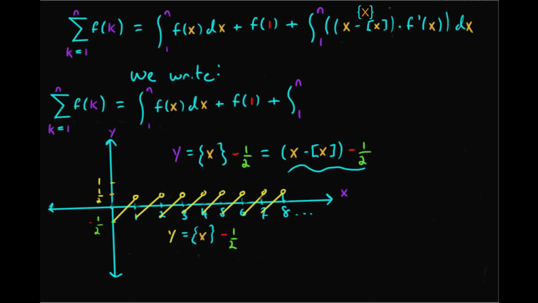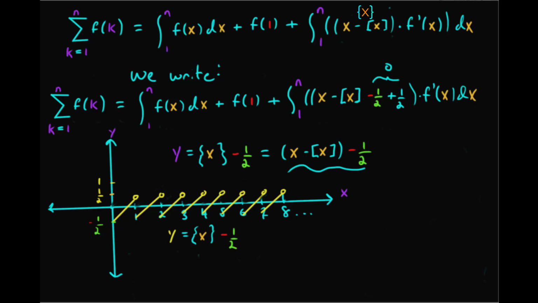We're going to rewrite the integral as the integral from 1 to n of x minus the floor of x minus 1/2 plus 1/2, close parenthesis, and that expression minus 1/2 plus 1/2, of course, just equals 0. So I haven't actually changed the value of the integral. I've just rewritten it in a clever way.